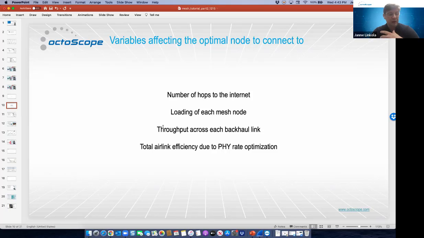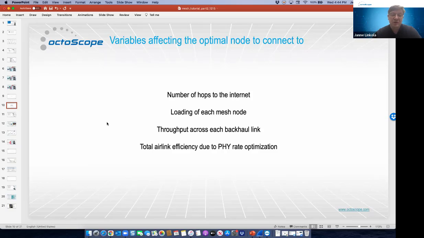As you know, the PHY rate in Wi-Fi adapts quite aggressively. The closer I am to the access point that's serving me, the higher PHY rate I have. That means I'm using less airtime for that data transmission, which frees up airtime for other stations in the mesh and in the environment.